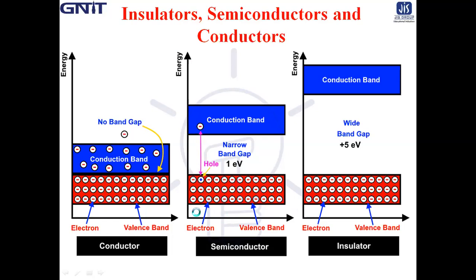So the first picture is the conductor, then semiconductor, and then insulator. A material having either a completely full or empty energy band is an insulator. That is the third picture.